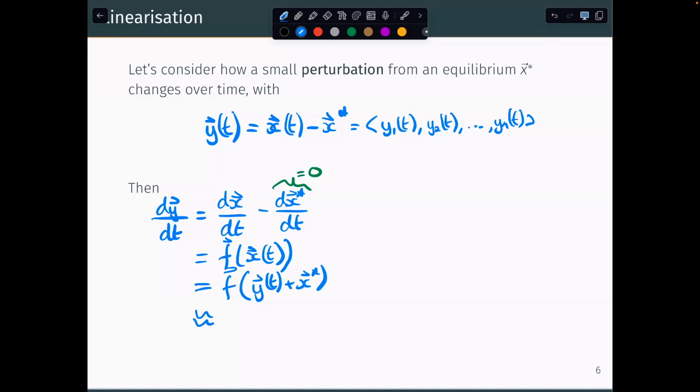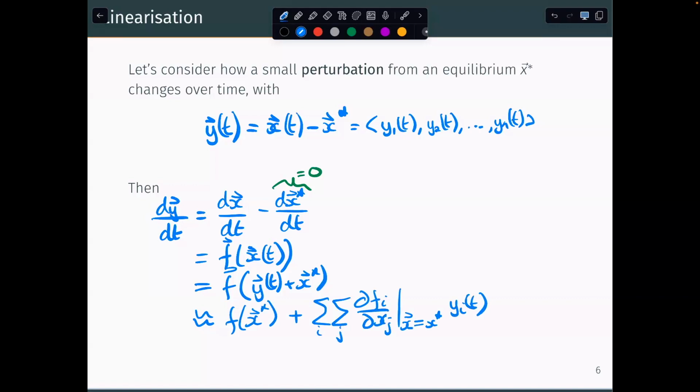This means if we drop all of our higher order terms, so everything that's above linear, we're going to end up with an f of x star plus a load of first order partial derivatives, df_i/dx_j, evaluated at x equals x star, times yj of t, and this is summing over all i and j.